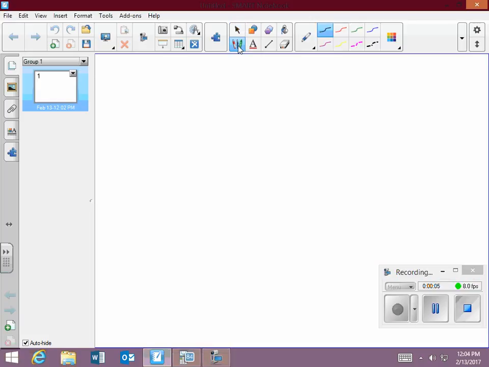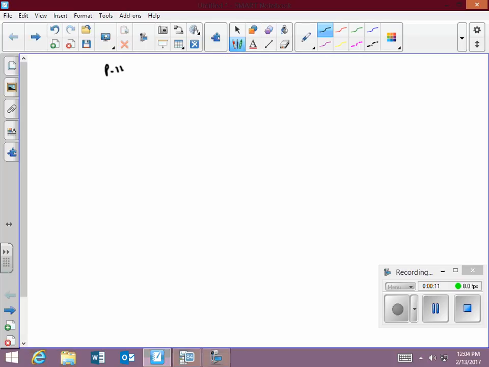Okay, I think we left off on page 117 and problem number 28. It says the area of the rectangle ABCD is 40 inches squared.